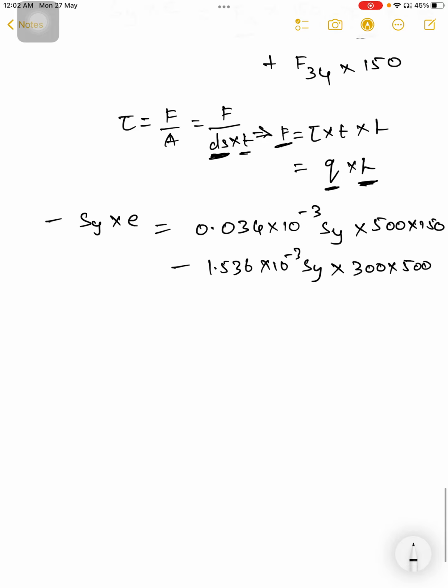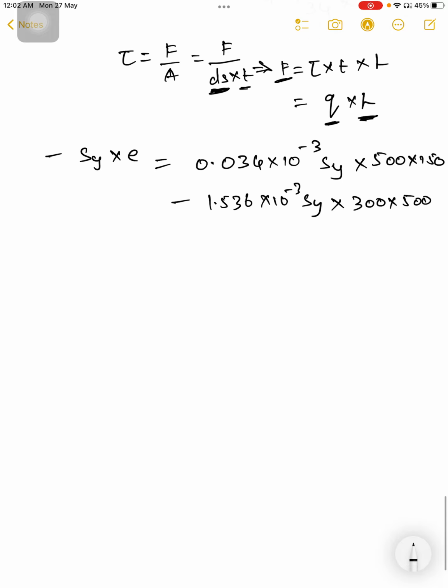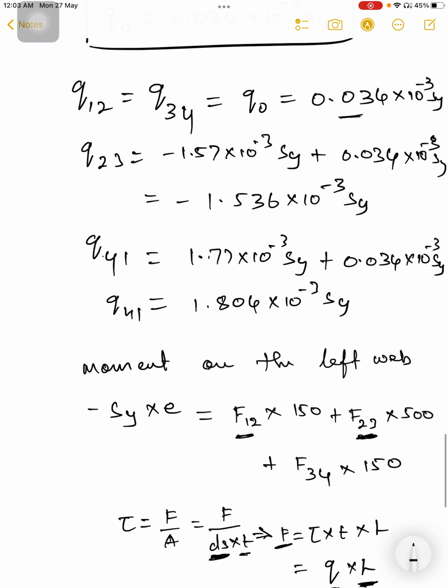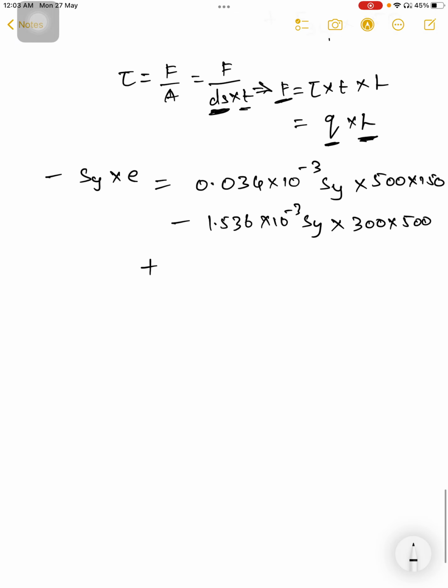Then plus F34. F34 is 0.034 into 10 power minus 3 SY. Shear length will be 500 into 150.